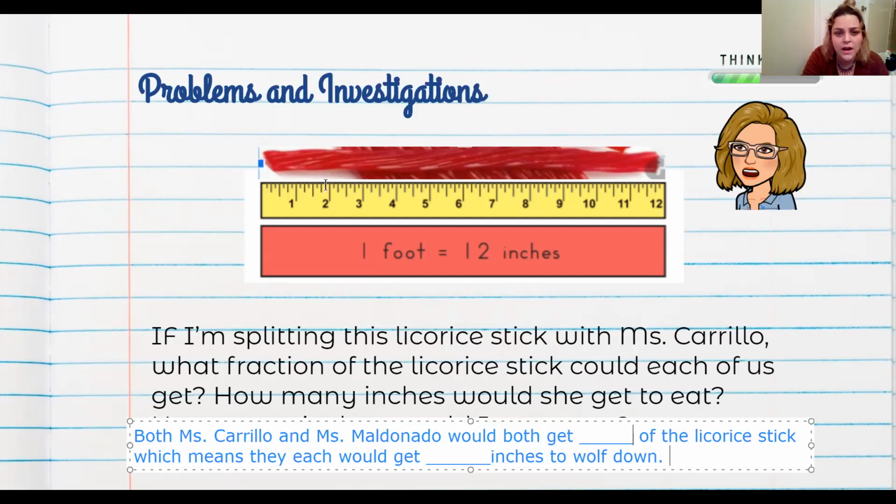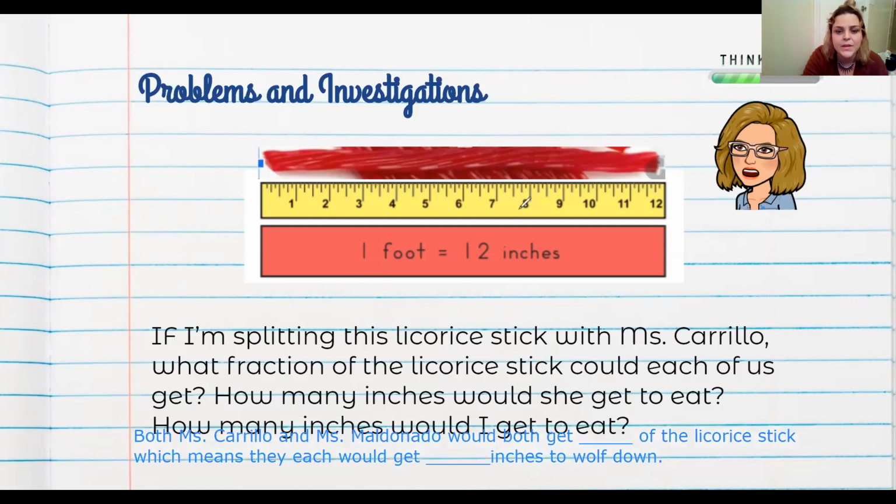I'm gonna use my other pen so I can do this. I'm gonna use black this time. Well, I'm looking at the ruler and I'm like, well, I know if it's between me and Miss Carrillo, I'm gonna share it between 2 people, which means I would get a half and she would get a half. And if I look at the ruler, I see that there's a total of 12 inches.